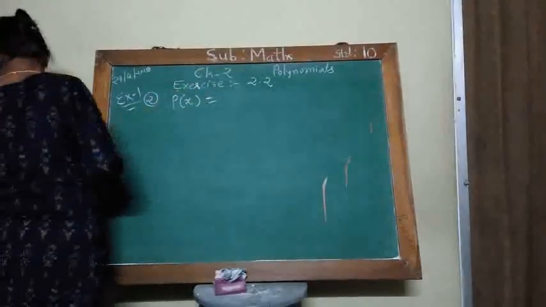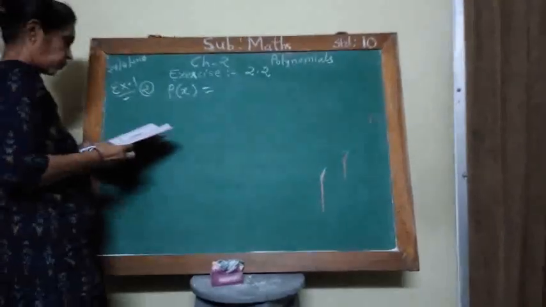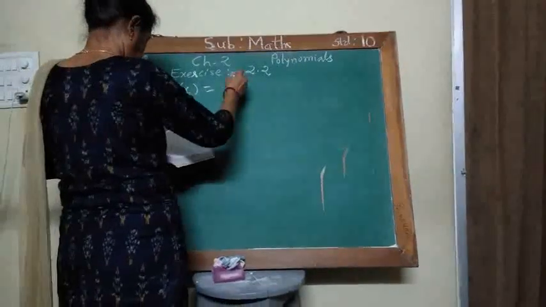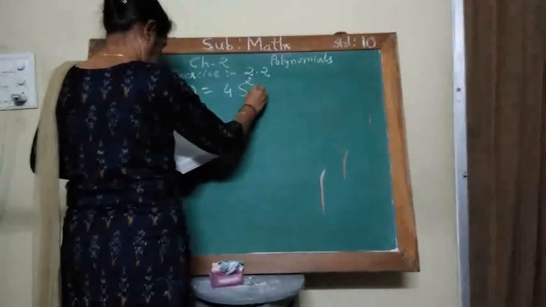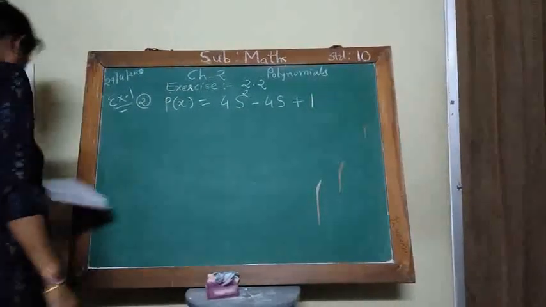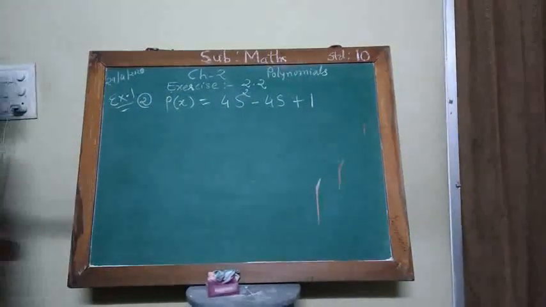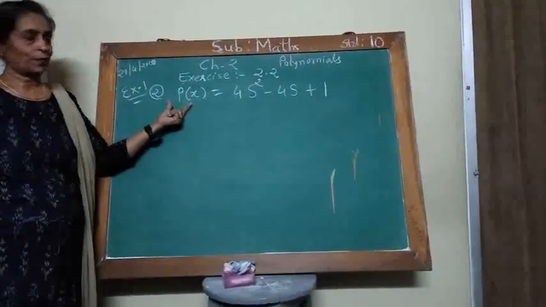Polynomial p(x) is equal to 4s square minus 4s plus 1. Now see, can you tell me whether this is wrong or right? Yes.